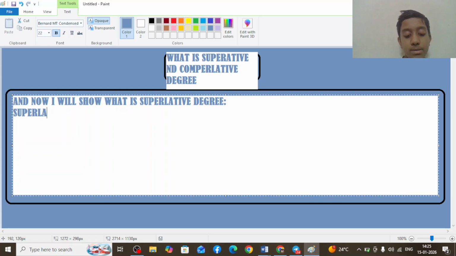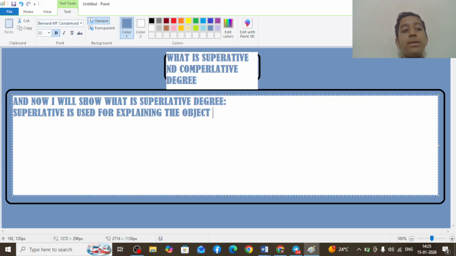Superlative degree is used for explaining a subject, or rather an object, and knowing about that thing. Like, we have a chair.